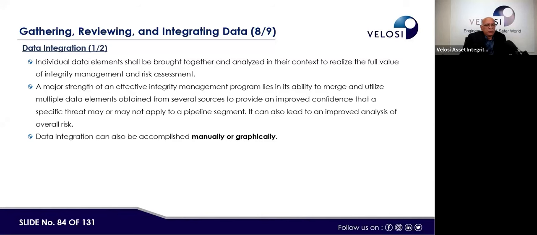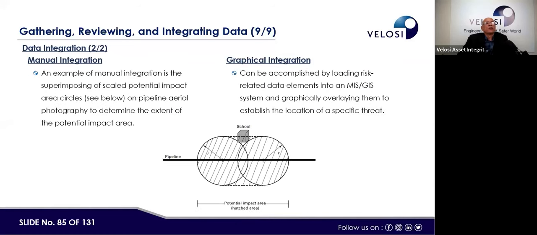Similarly, if somewhere we have an inhibitor program, if that is not so effective, maybe corrosion is coming from the internal side, and certain corrective action can be taken. So overlapping of various surveys and their results, and then the interaction or the causes coming to those problems from one side to other side can also be understood and analyzed. So here, as I said earlier, manual integration and graphical integration both.